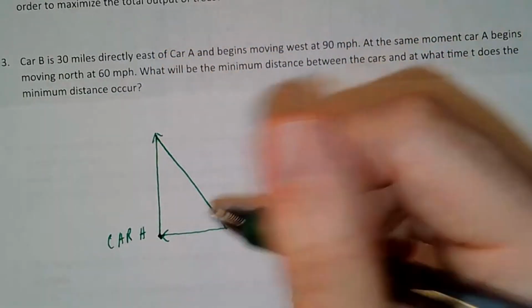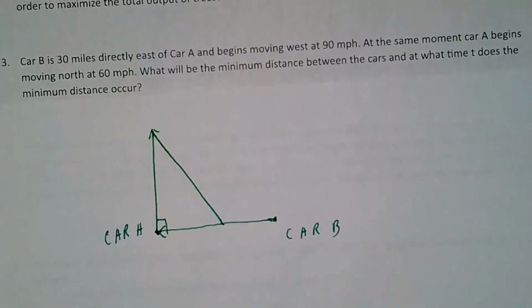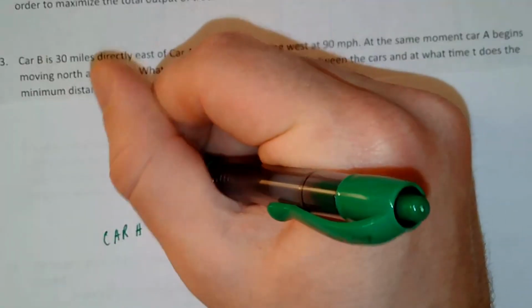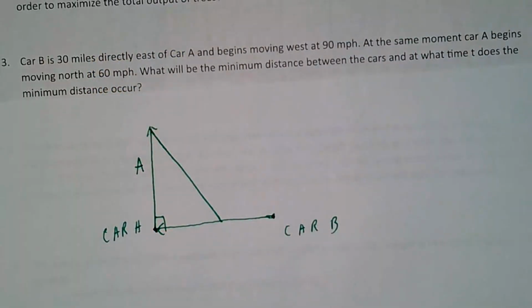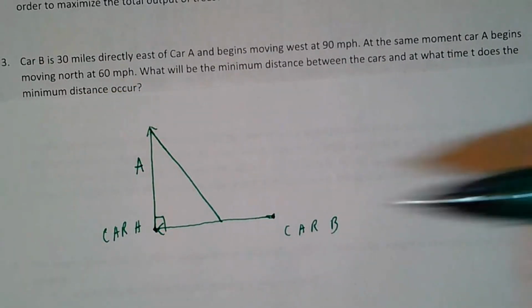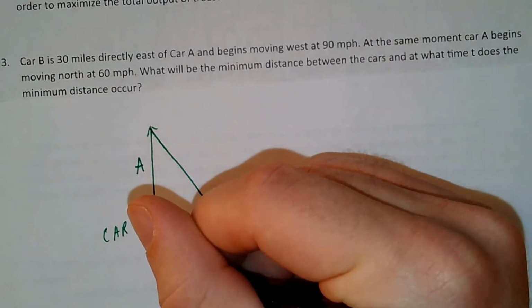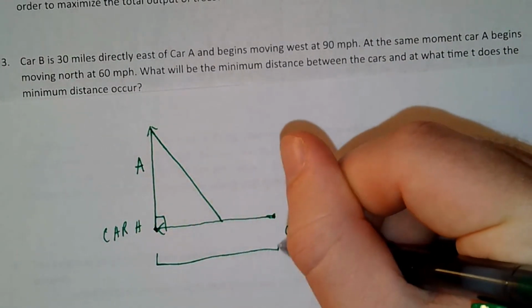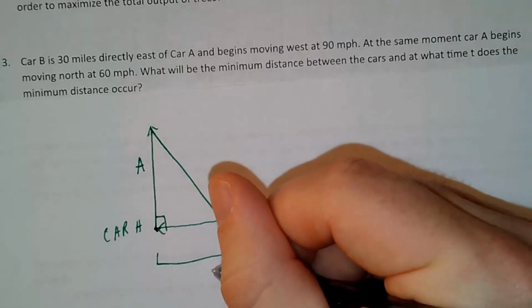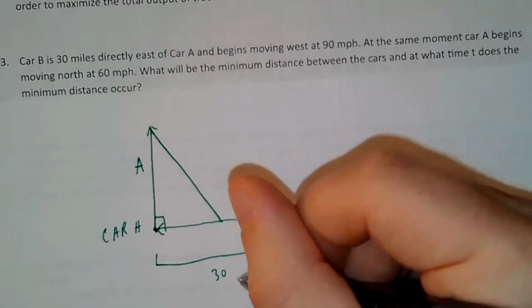What we have, luckily, is a right triangle. You can see that here. And we're going to call this distance A. And we know that this whole distance here from A to B is 30 miles. That's given to us.